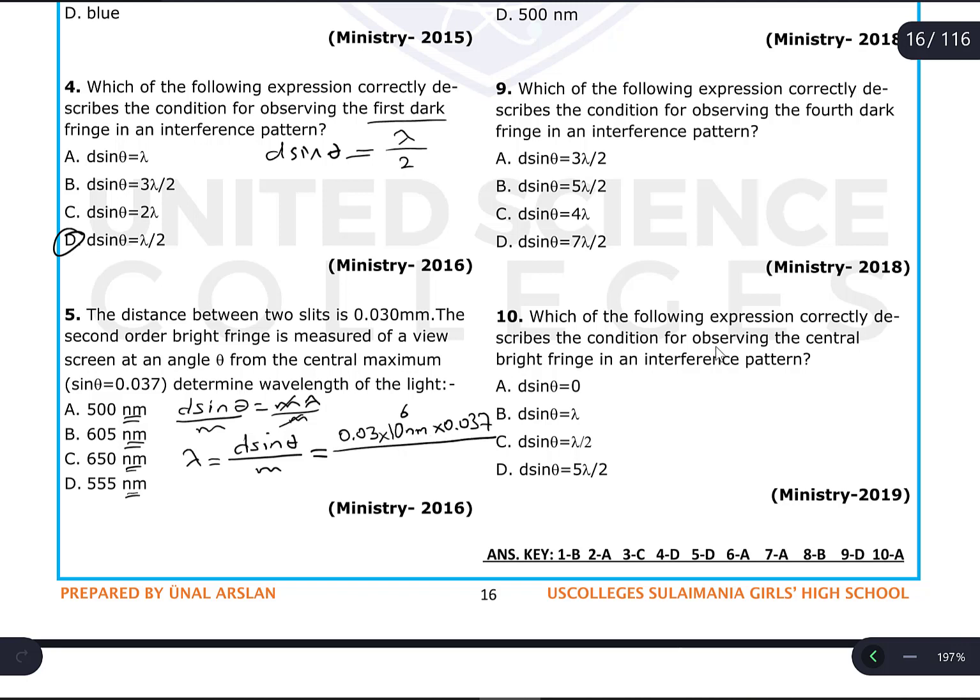It is the second order, so m is equal to 2. Using the calculator: 0.03 times 10 to the power of 6 times 0.037 divided by 2. The answer is 555. Lambda is 555 nanometer.